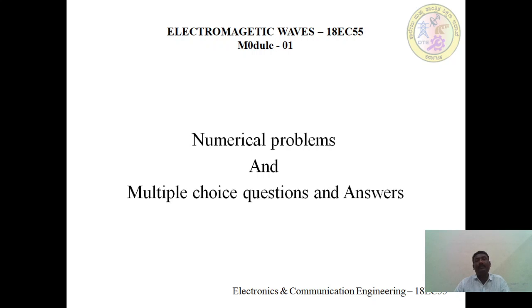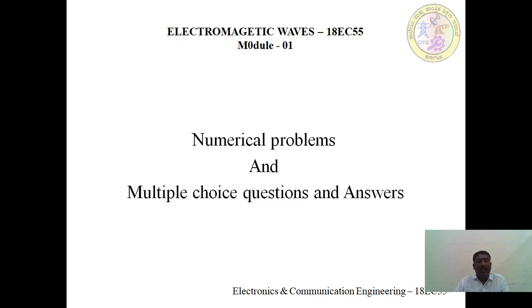Coming to part 2 of module 1, we started the discussion from Coulomb's law, the experimental law of Coulomb and its corresponding expression: F is directly proportional to Q1 and Q2 divided by R square.